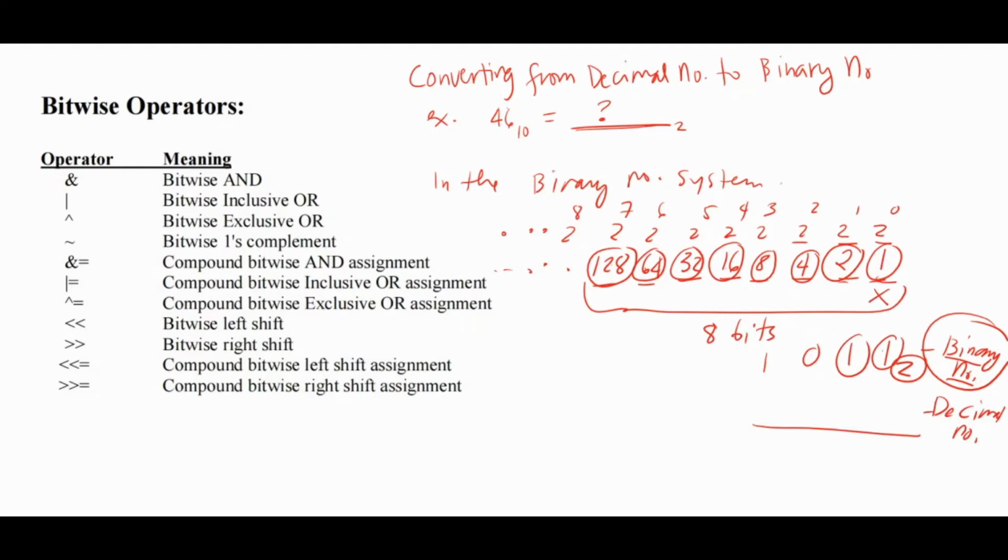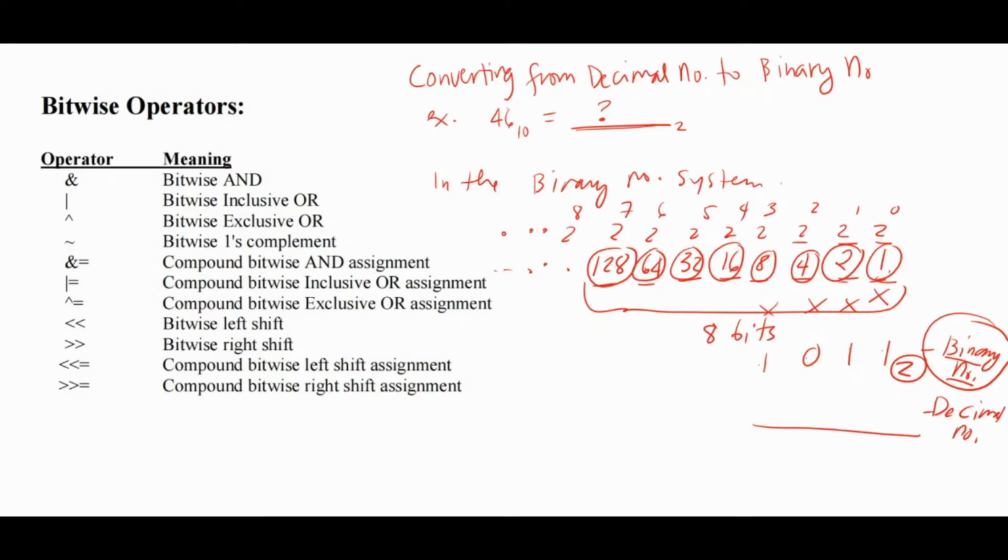So 1 times 1, 1 times 2, 0 times 4, 1 times 8. Then you add all of them, you get the sum of all the products. That's the decimal equivalent of this binary number.